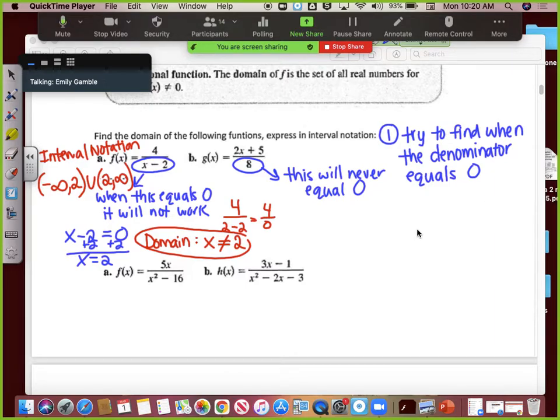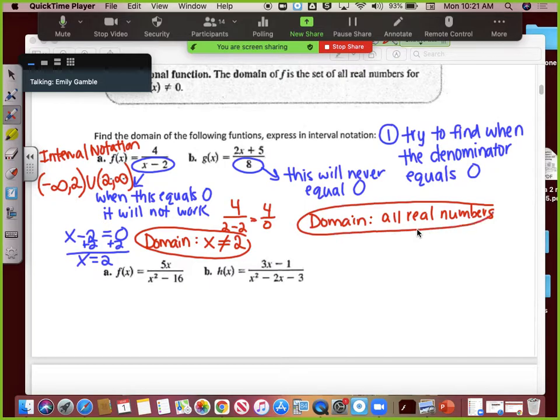So an easy way to say this without having to use interval notation would be like the domain is all real numbers. Okay, so that's one way to write the answer. Another way to write the answer using interval notation is not that bad, actually.